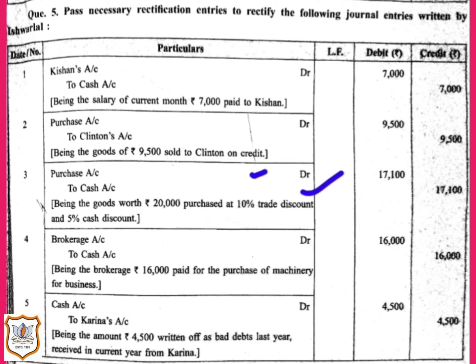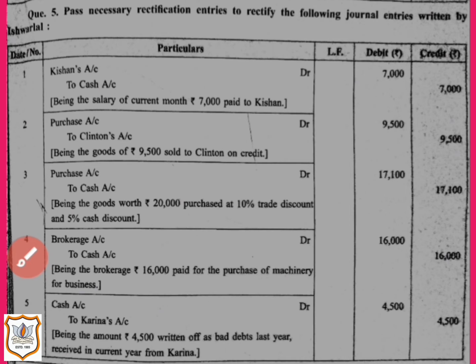So according to narration, this entry is correct, but one entry is missing here, that is the entry for cash discount. So in the rectification entry, we will write the entry for cash discount which is missing, and it will be called an error of omission.